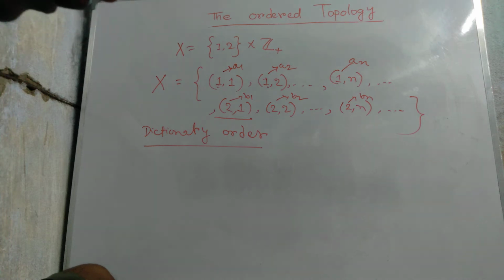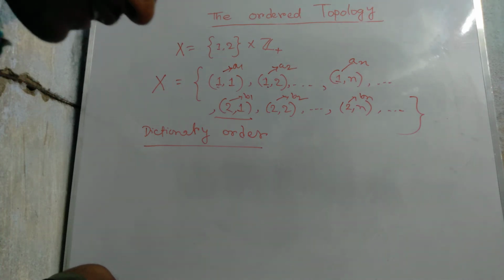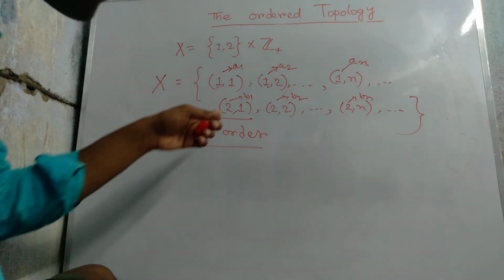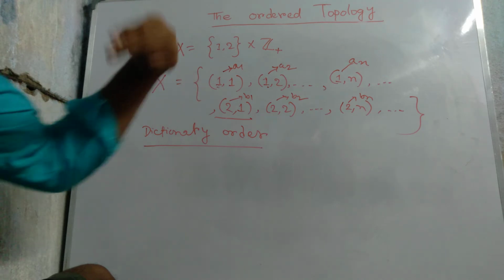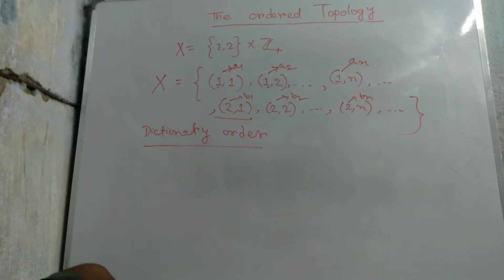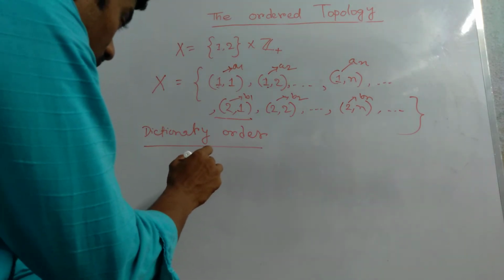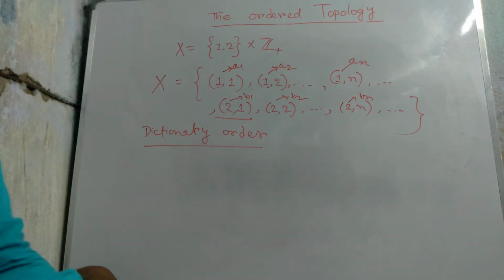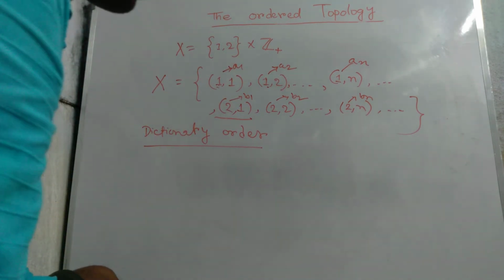That means for all 1-point sets, any open set containing this B1 also contains some A1. How? Any open set we take from here, here all sets are open.